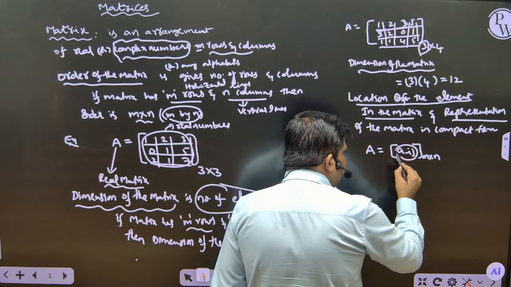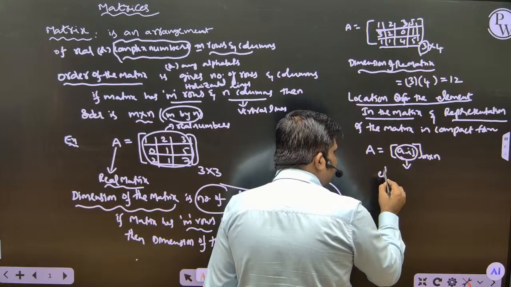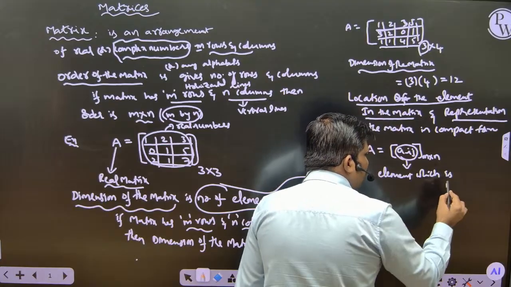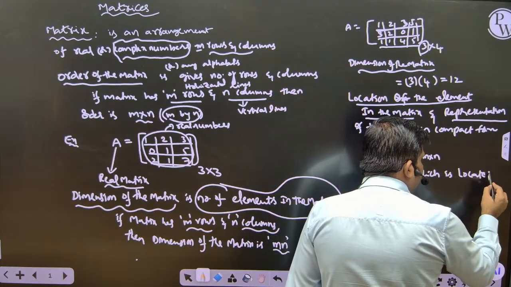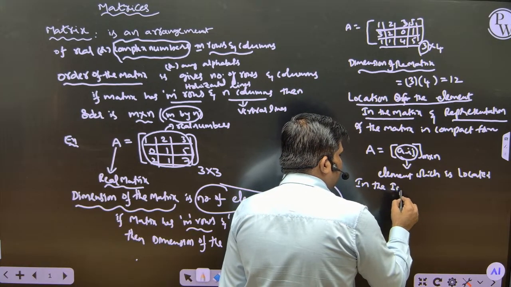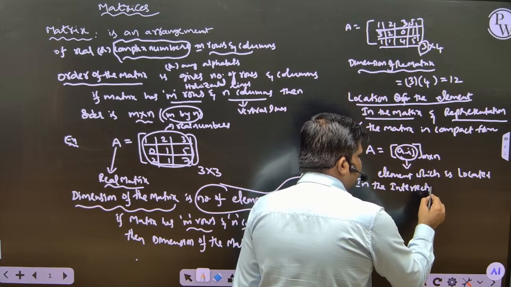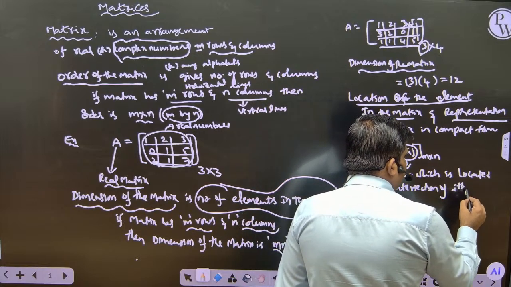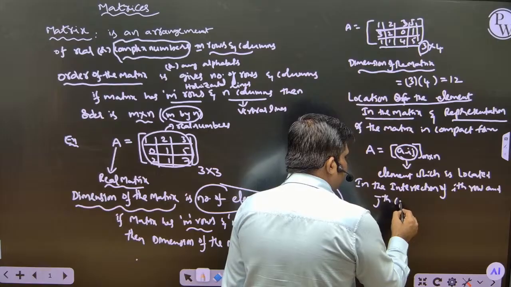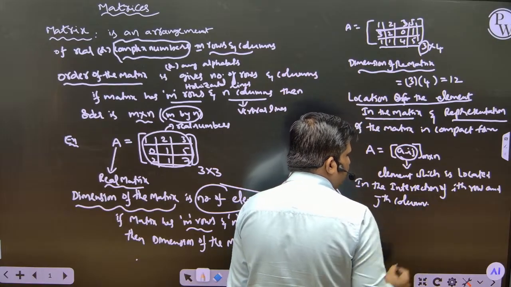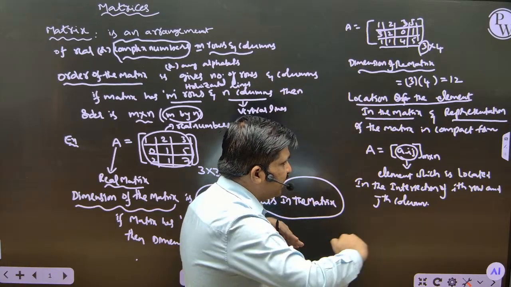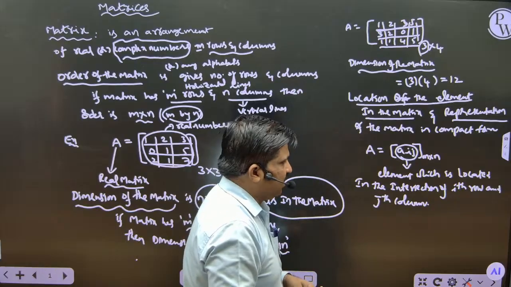This A suffix ij is the element which is located at the intersection of the ith row and jth column.